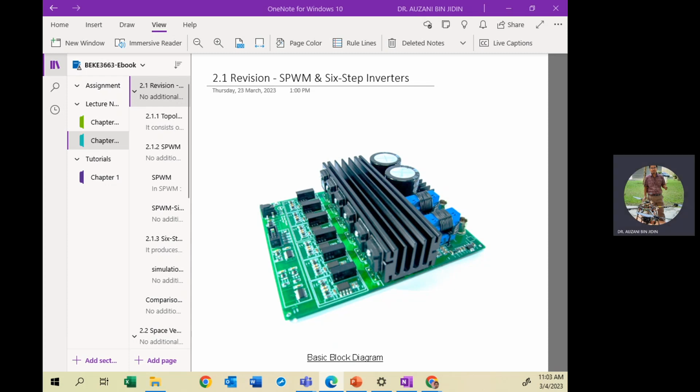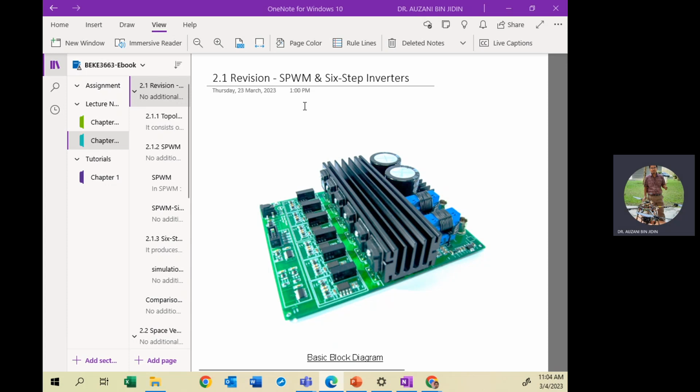Okay, before we discuss space vector modulation, I think it is necessary for us to do some revision on sinusoidal pulse width modulation and the 6-step inverter. I believe you have already learned these two topics in the power electronics subject in third year.